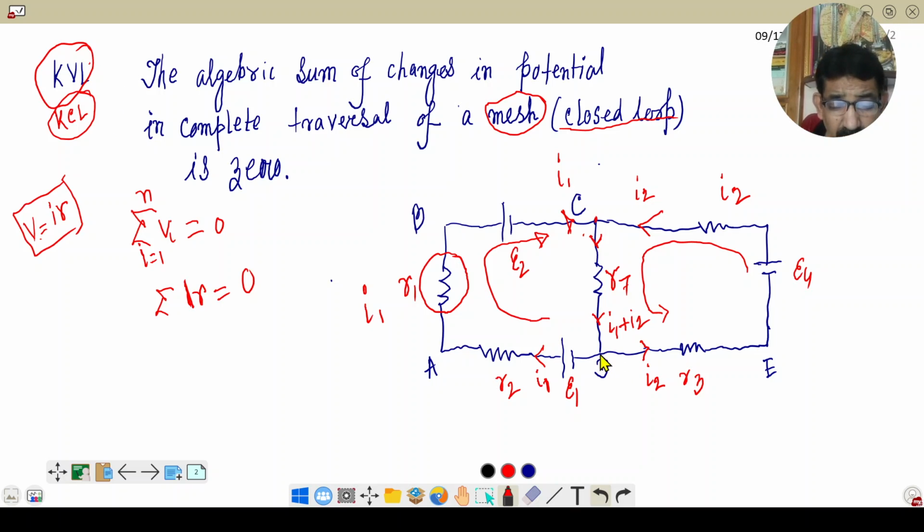Now, while going from D to A, this is the source of potential, and the potential source gives the potential difference E1. So, when we step from lower point or lower potential to upper potential, that is potential gain.